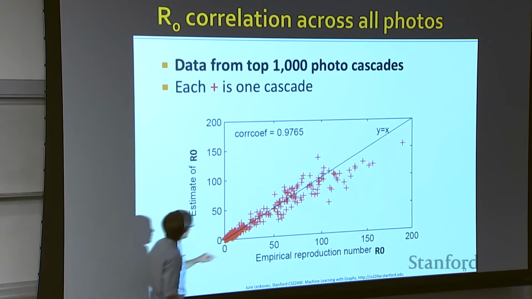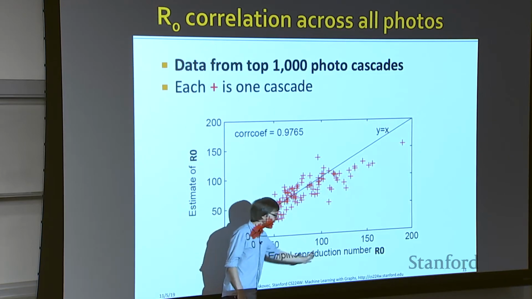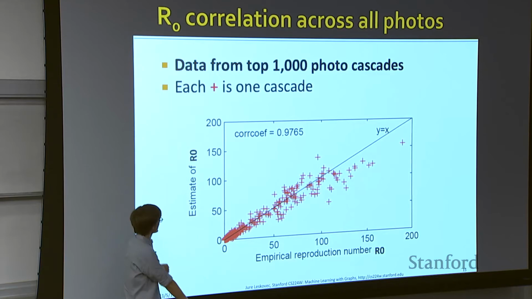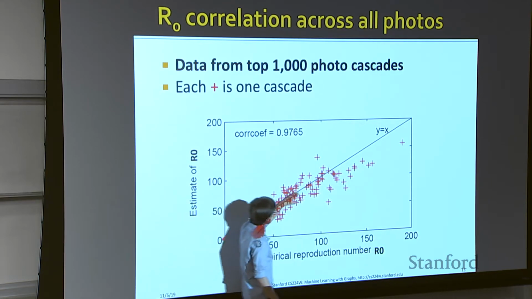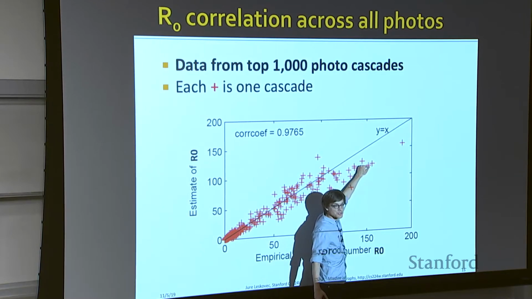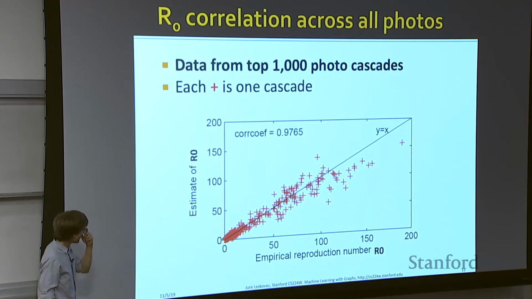So every dot here is a different image, a different cascade. Here is the empirical reproduction number. Here is the estimate from the entire cascade. And what you see is actually quite good correlation, then it slightly drops off. Why is this interesting?